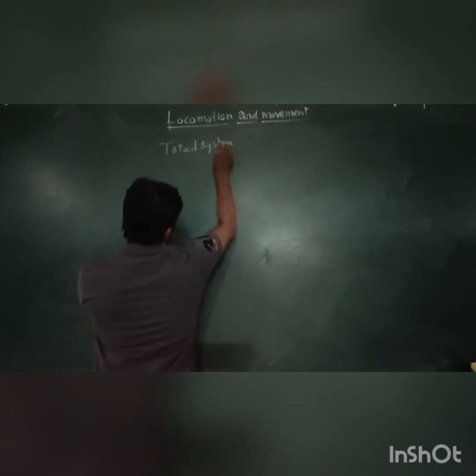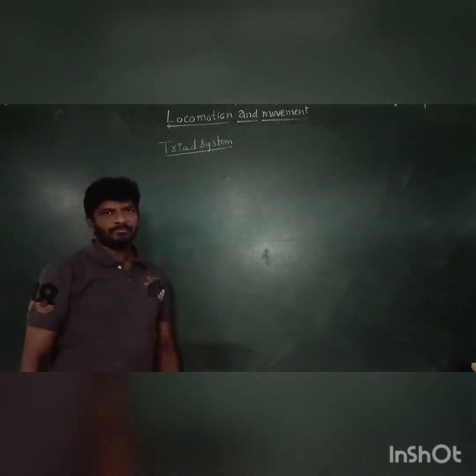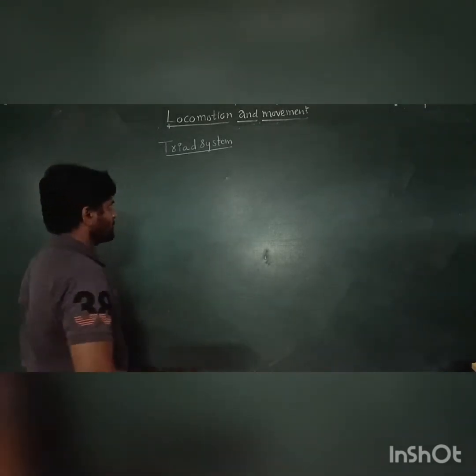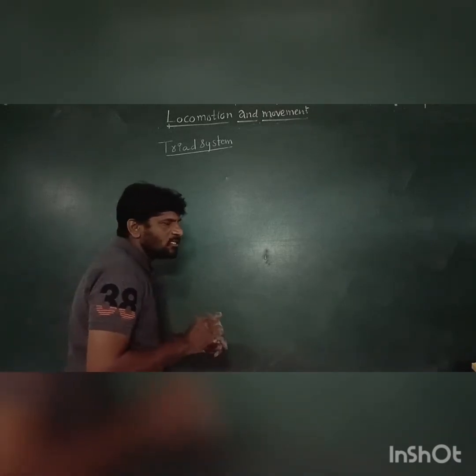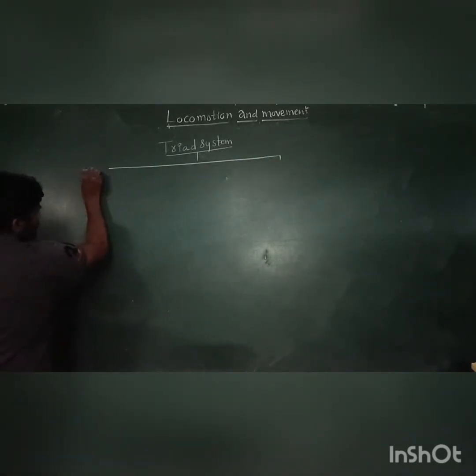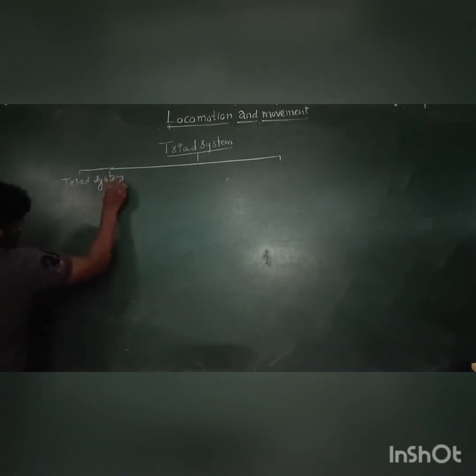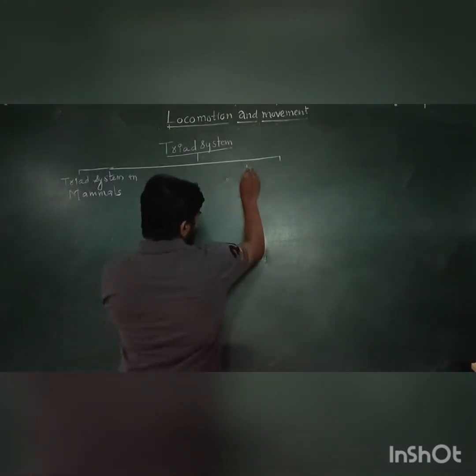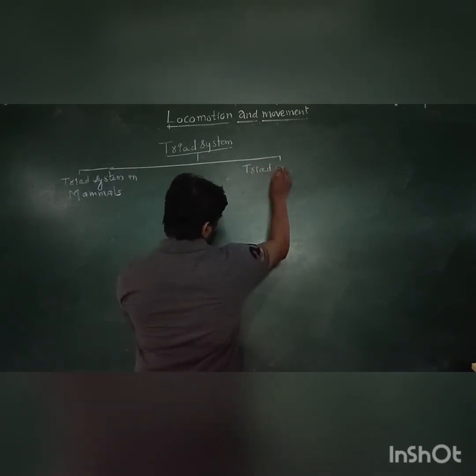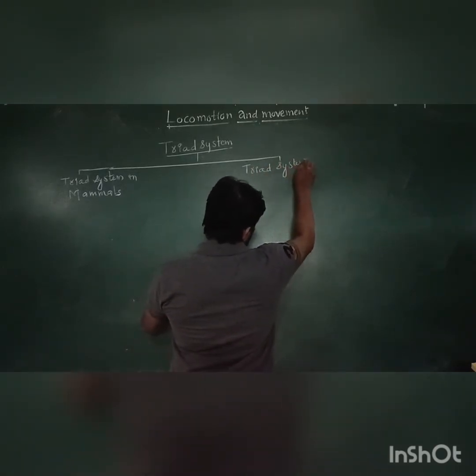Therefore, a T tubule flanked on either side by a pair of terminal cisternae is called a triad, and that system is called the triad system.